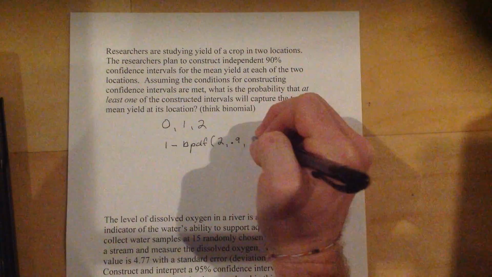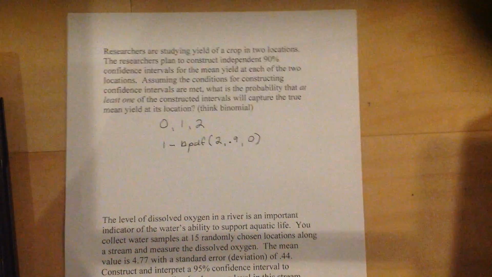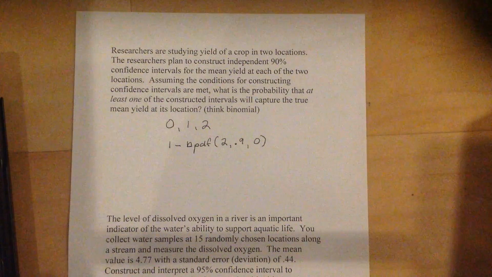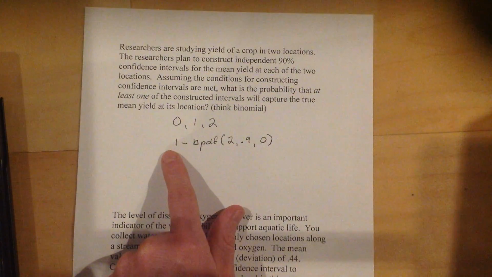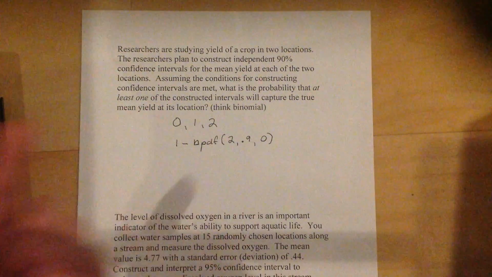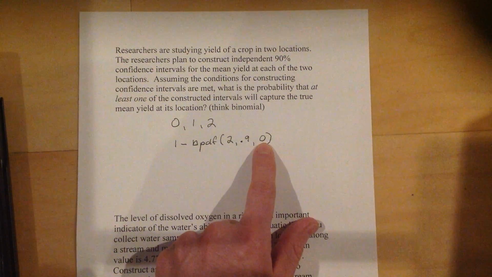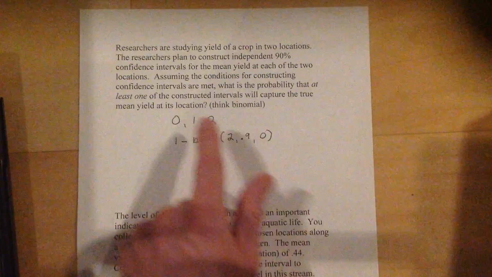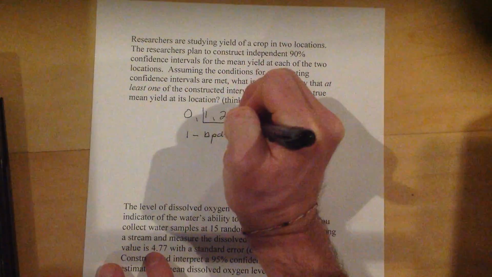And we want to know what are the odds that we don't get it at all. The reason we're asking that is because if we don't get it at all and we subtract that from 1, that'll give us the odds of getting it once or twice. So we're doing that kind of reverse thing that we did before. If we subtract away 0, it leaves the 1 and the 2 that we're actually interested in.